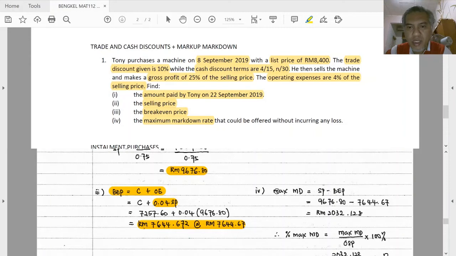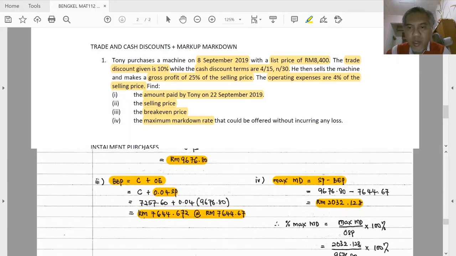The maximum markdown amount is simply equal to the selling price minus the break-even price. Taking the difference between the selling price and the break-even price, you get the maximum markdown amount to be 2,032 ringgit and 128.128 cents. So that is the amount of maximum markdown.